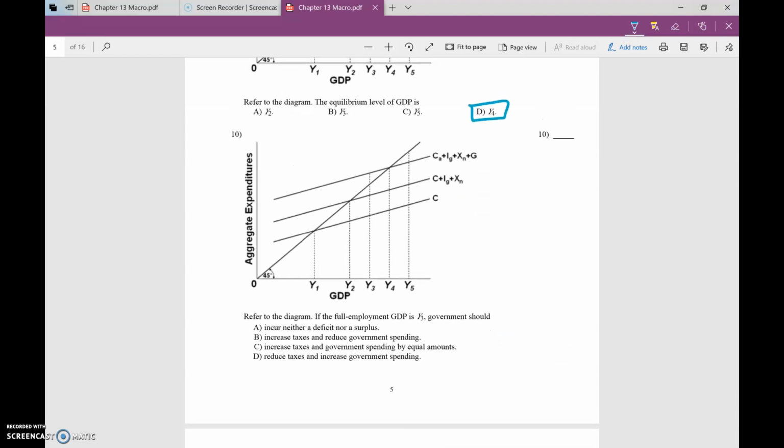The next one, full employment occurs at Y3. What would the government do? So my full employment is Y3, but the real gross domestic product is Y4. So the government should increase taxes and reduce government spending.